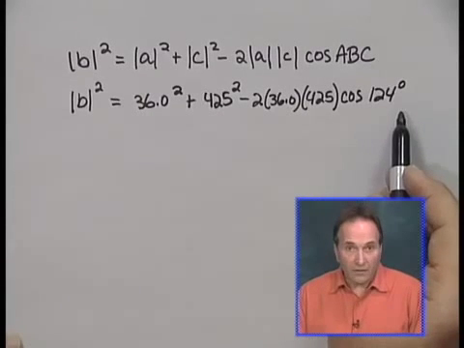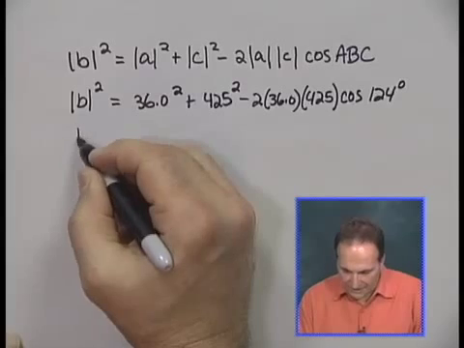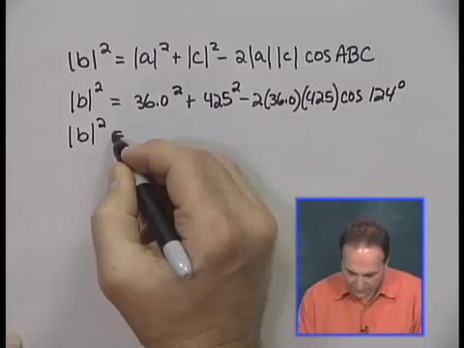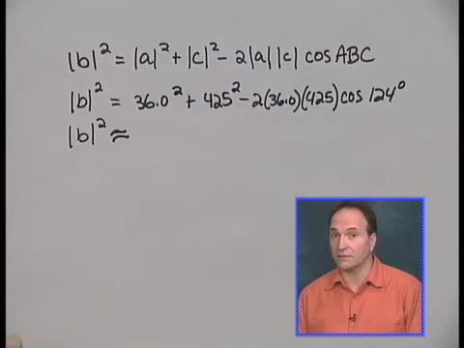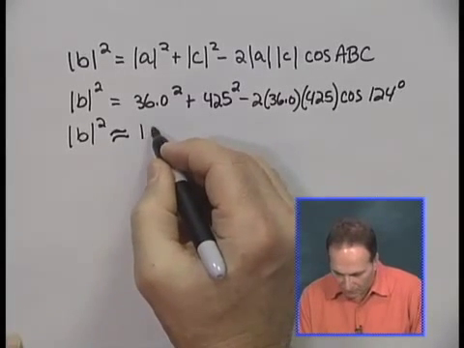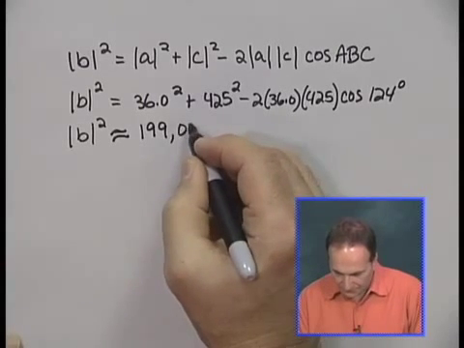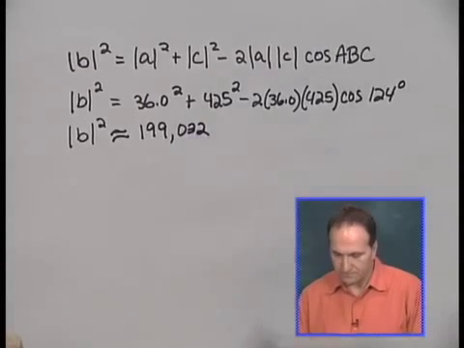Evaluating that on a calculator, we find that the absolute value of B squared is approximately equal to 199,032.